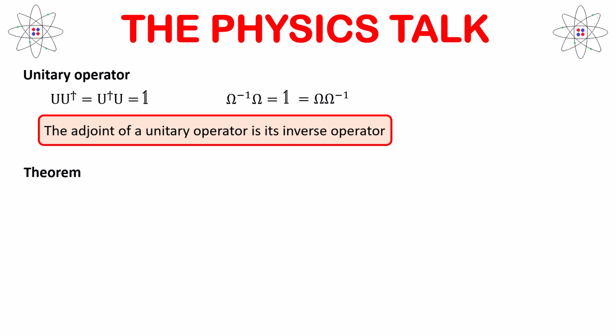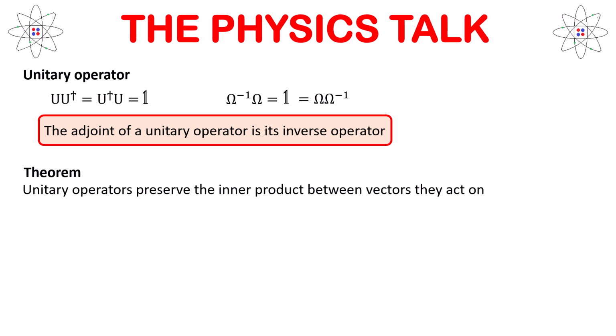There is a theorem. The statement of the theorem is: unitary operators preserve the inner product between the vectors they act on. Take two vectors v and w. Unitary operator U changes v to v prime and w to w prime.